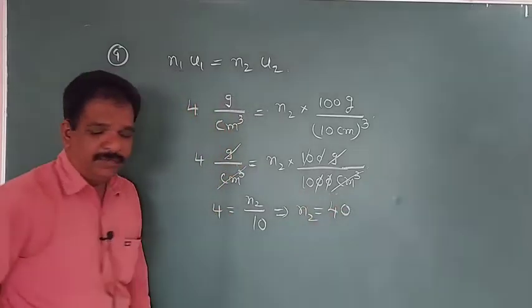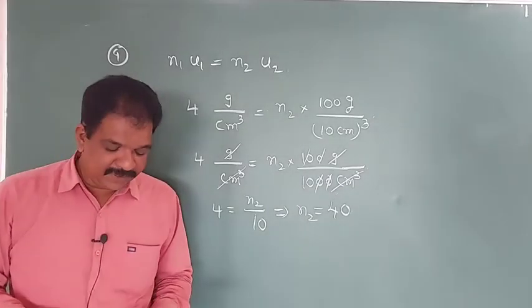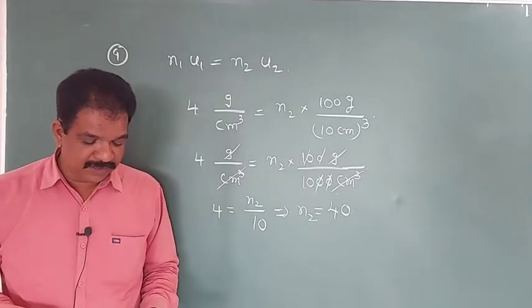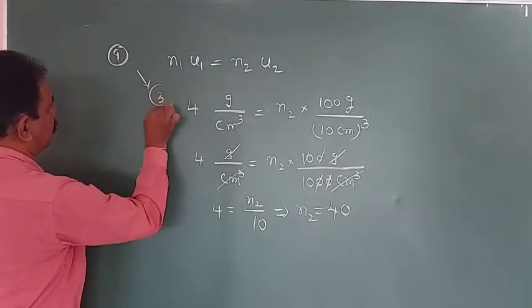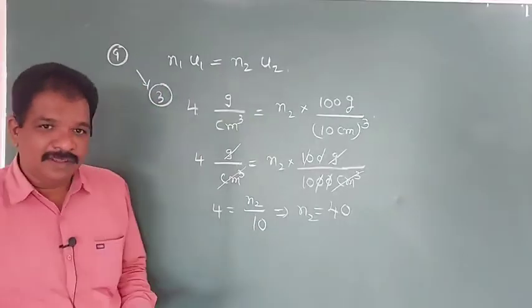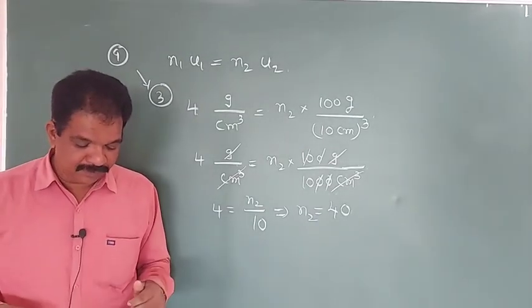N2 value will be 40. So what is the answer for the ninth question? It will be option 3. Clear? Next.